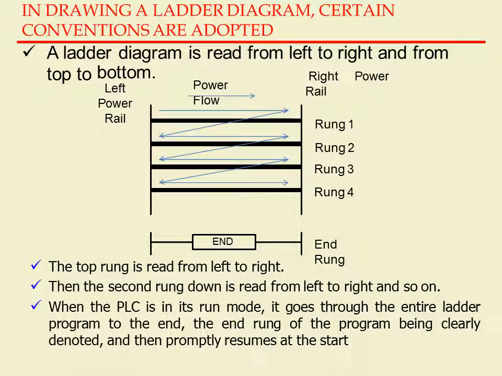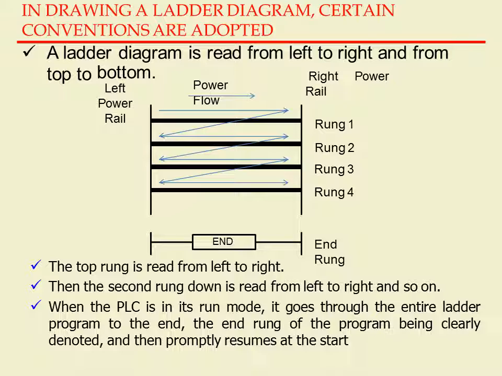A ladder diagram is read from left to right and from top to bottom. You can see the blue lines, how the power flows or how the reading of the rungs is done. So these blue lines indicate that it is read from left to right, then top to bottom.